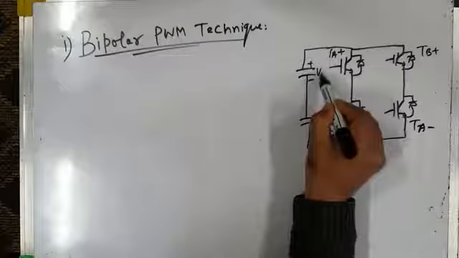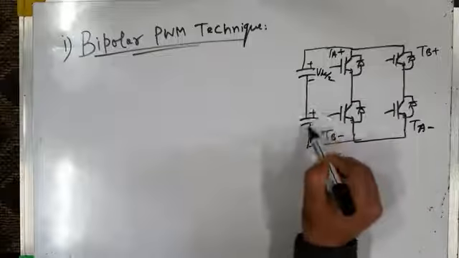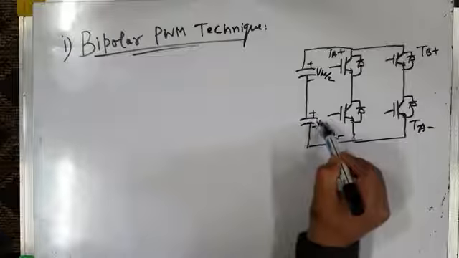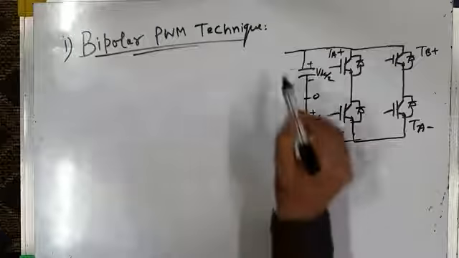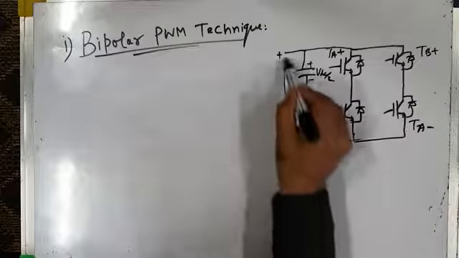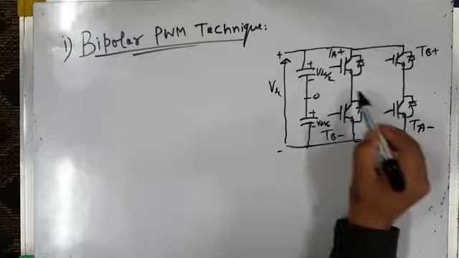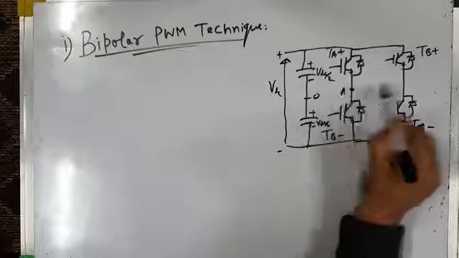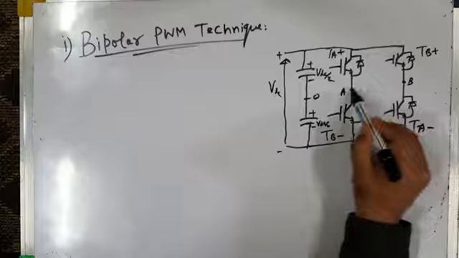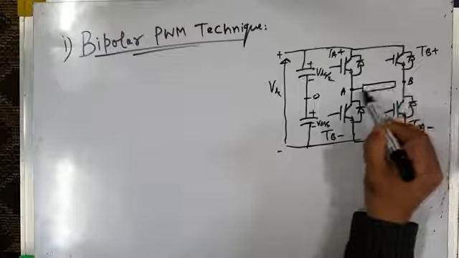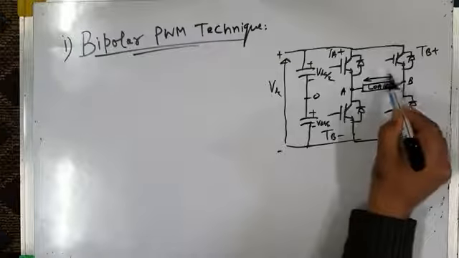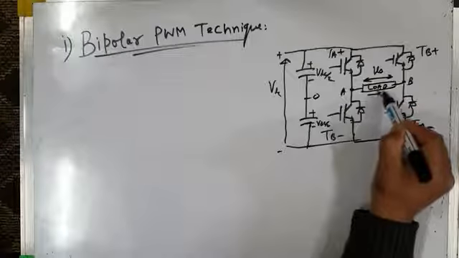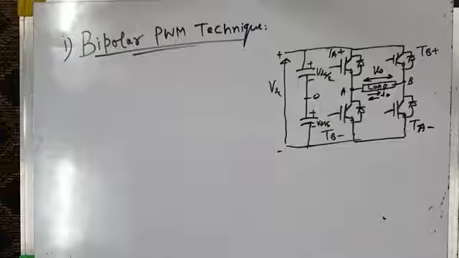DC bus capacitor voltage is VDC by 2, VDC by 2. This is O, and this is our total DC bus voltage, VDC. We are connecting the load between terminals A and B, the inverter output terminals. This is load voltage V0, and load current may be in either direction.